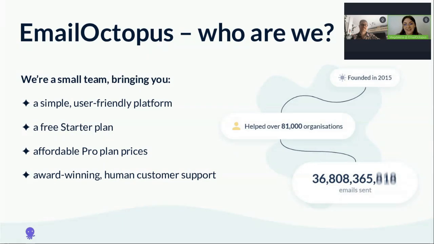This is because we invest in essential features and improving our users' experience instead of launching very complicated and very expensive features that our customers simply don't need. And finally, we have an excellent customer support team who are here to answer any of your questions around the clock.